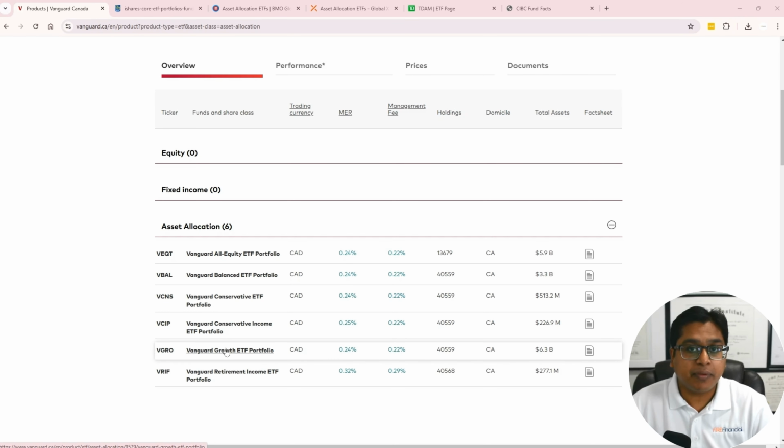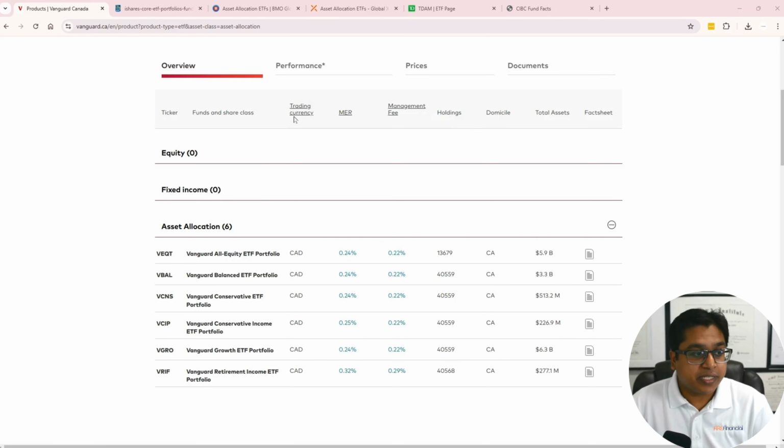And the good thing about these robo advisors these days is they give you the automation where they will ask you some questions, and based on your responses, they will guide you to which of these ETFs are most suitable for you. But if you know yourself, you can also select the one you like the most.